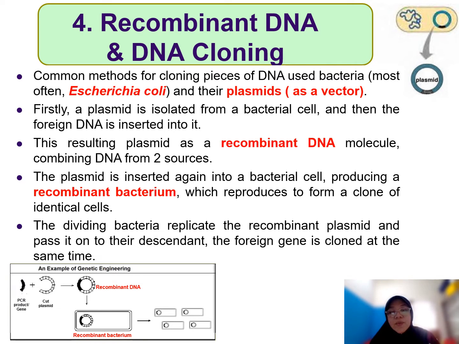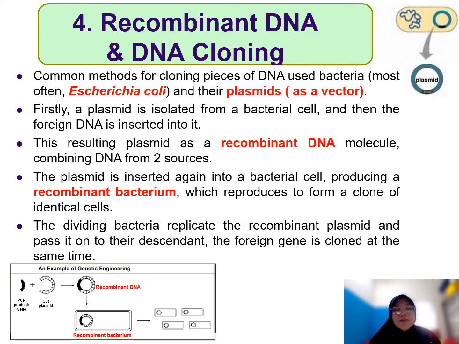So a recombinant molecule is the combination of molecules of DNA from two different species. First is the species with the gene of interest, and another one is the DNA from the bacteria.